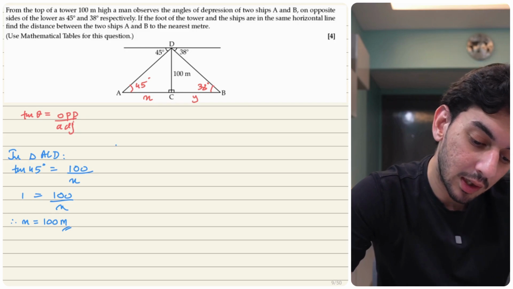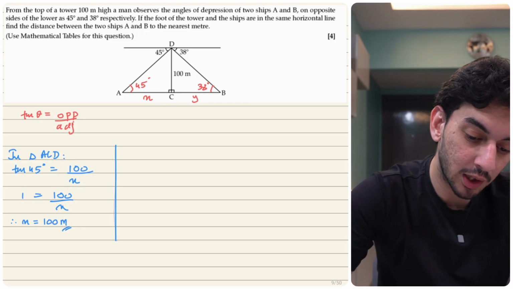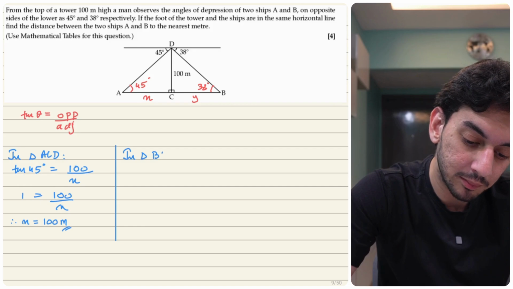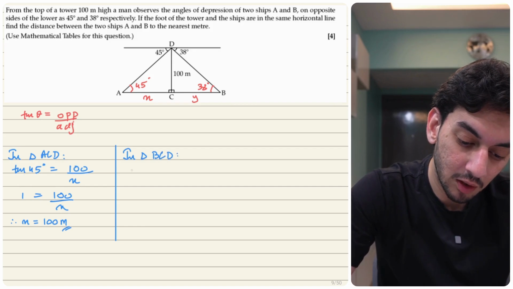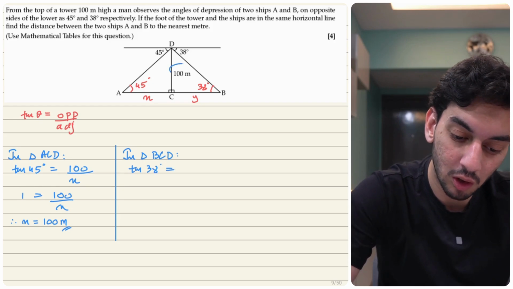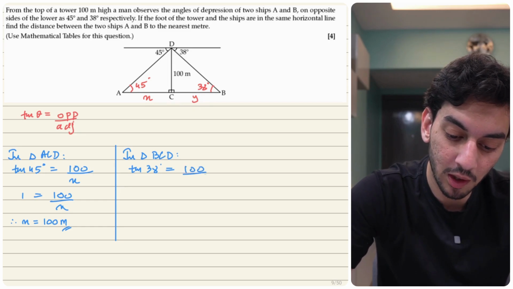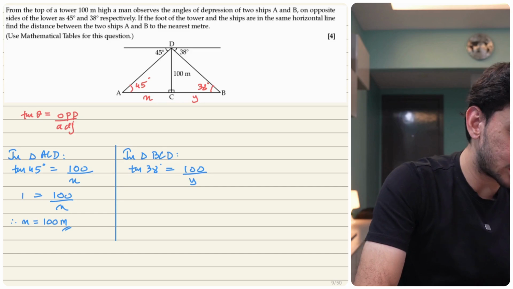Easy. Next, let us look at the right side triangle, which is triangle DCB or BCD. In triangle BCD, here we may say tan of 38 degree is equal to opposite, which is 100, over adjacent, which is Y. So that would be 100 over Y. Let us see how much tan 38 is.